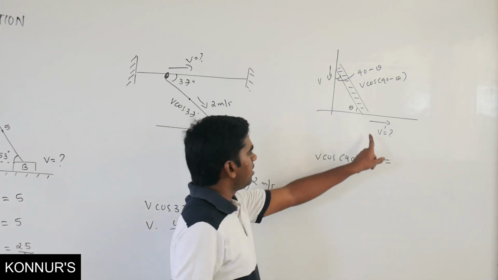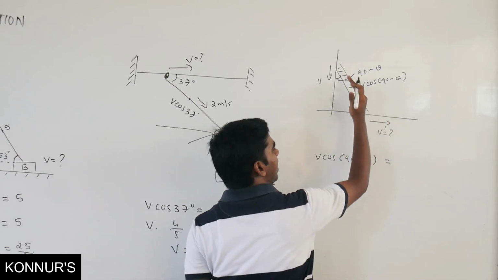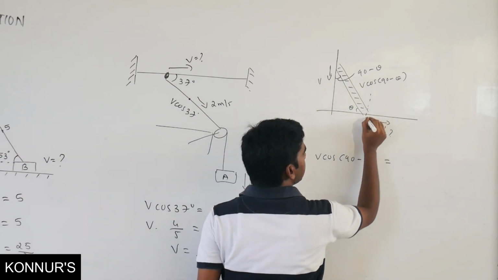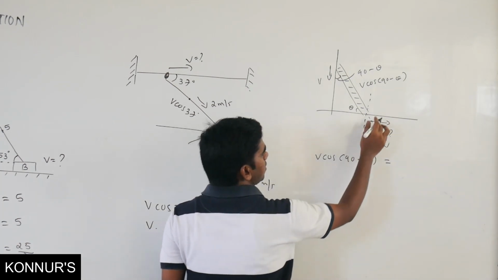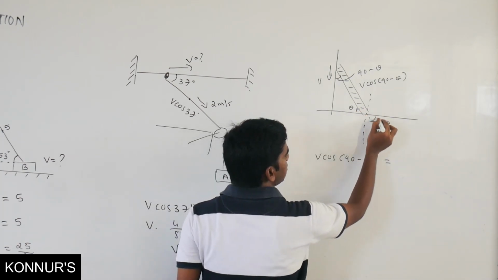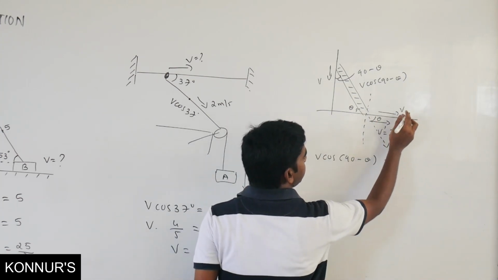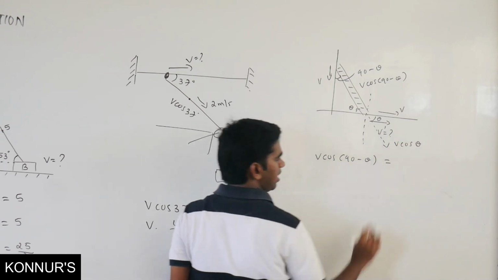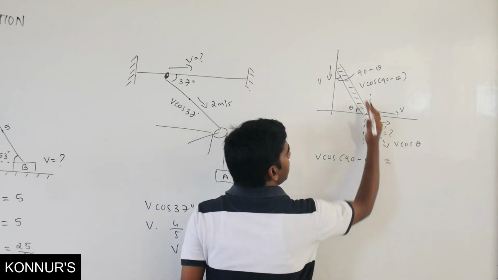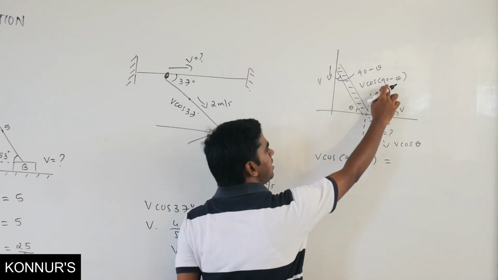Then this V is moving in this direction. What is its component along the ladder? If you take a line here, this is the direction. If this angle is theta, this is also going to be theta. If V dash is moving in this direction, its component along this is V dash cos theta. So in this direction it is V dash cos theta, and in the other direction V cos 90 minus theta is there.